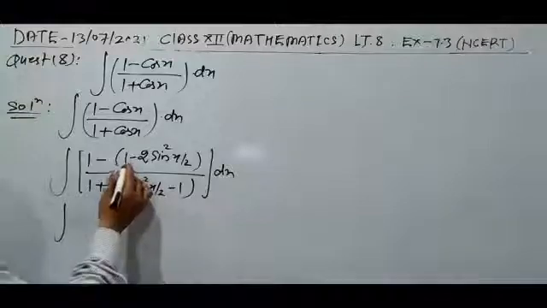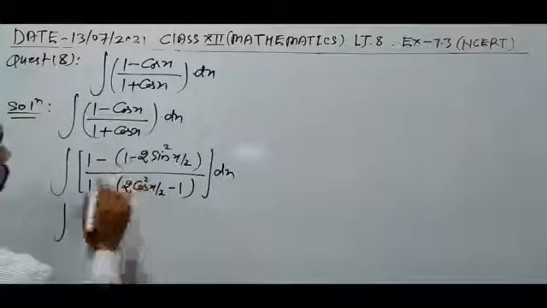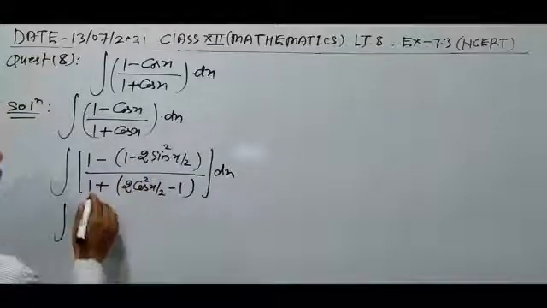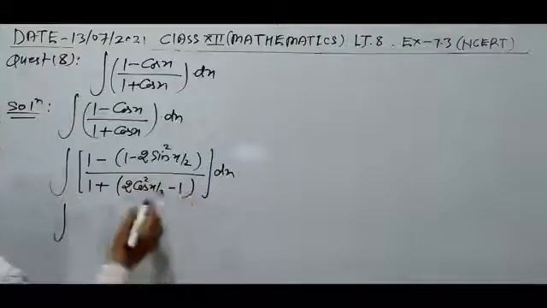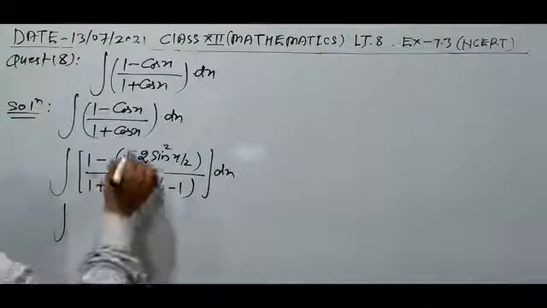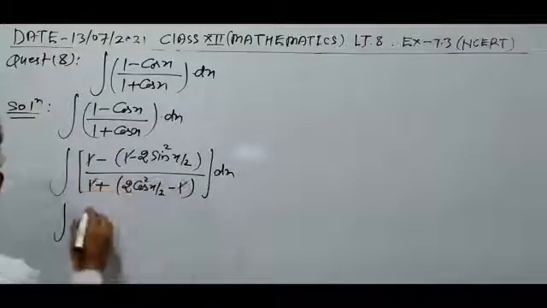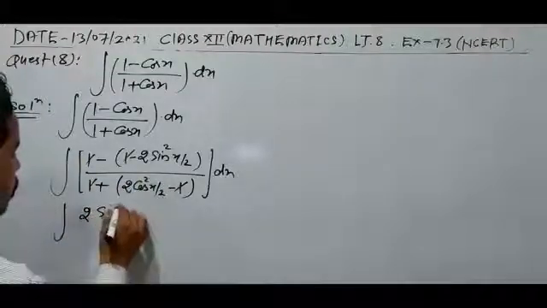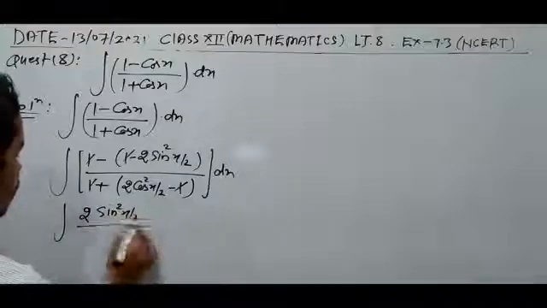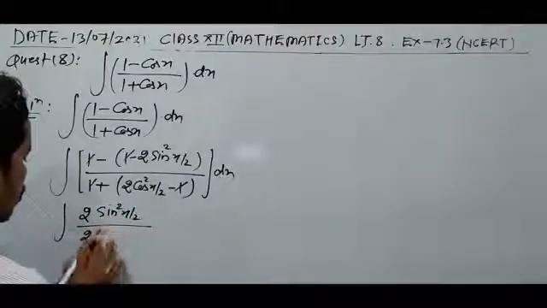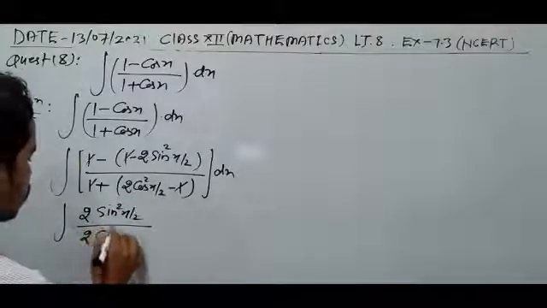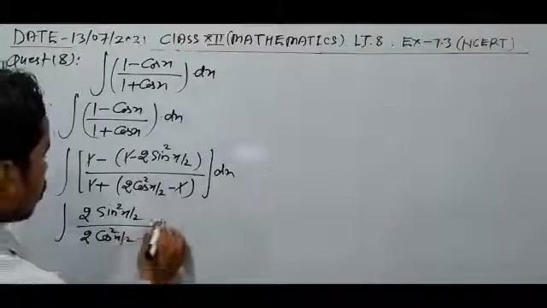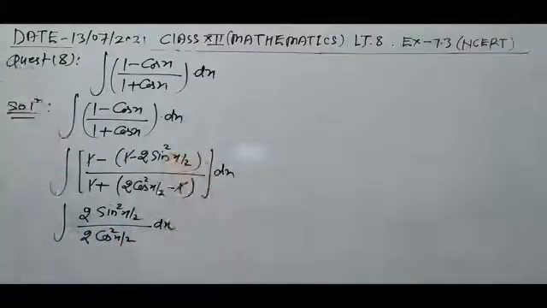So plus 1 minus 1 will cancel out, and this minus 1 minus 2 will be plus, and plus minus will cancel out from the denominator. So after cancelling, the result will be 2 times sine square x by 2 upon 2 times cos square x by 2 dx. And now 2 will cancel out from numerator and denominator.